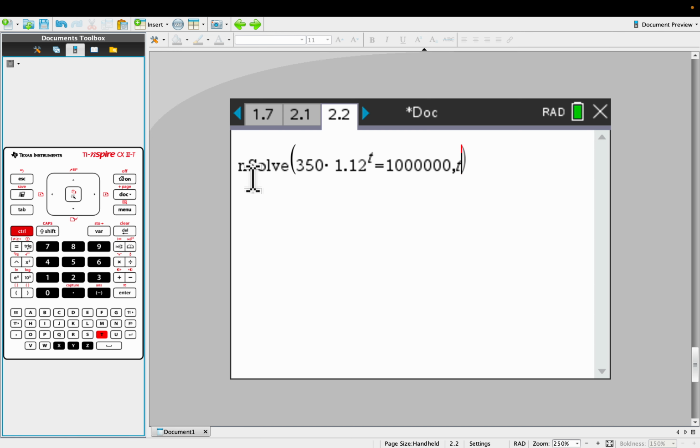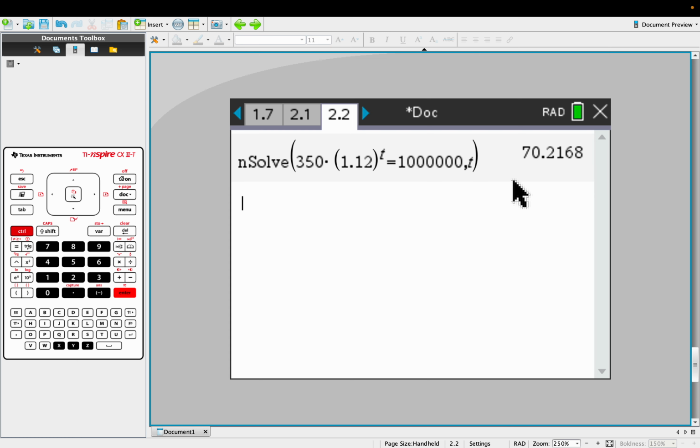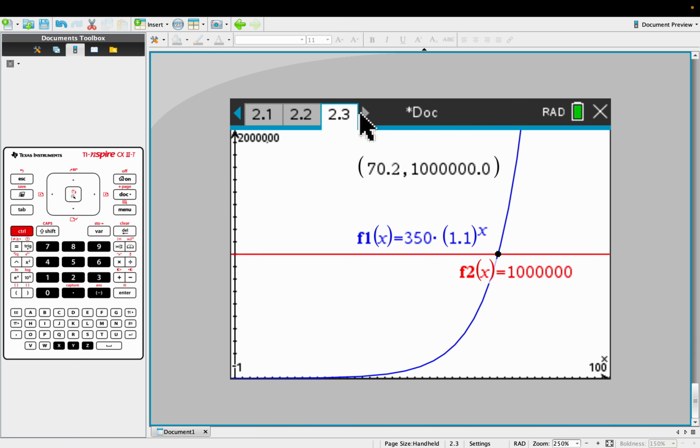So I'm asking the calculator to numerically solve an equation, right? You have to have an equal sign, and the variable I'm using is t, so comma t, and there you go, 70.2. So that's definitely a lot quicker than trying to get the scaling right on the graph and finding this point. Okay, but the graph's nice, isn't it, to see how it all fits together.